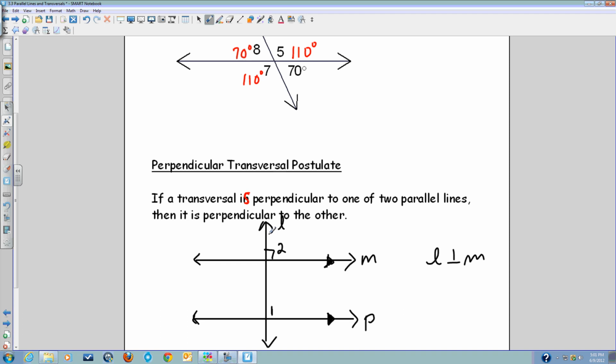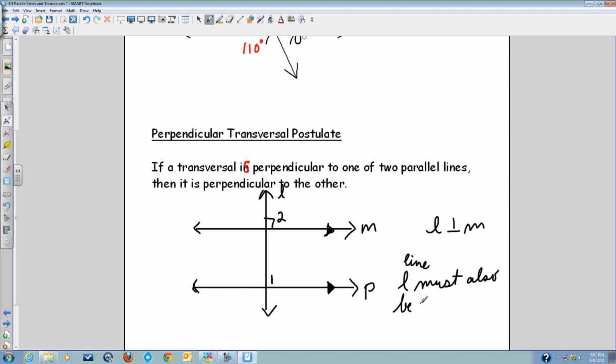So therefore, line L and line P will have to be perpendicular. So therefore, line L must also be perpendicular to line P.